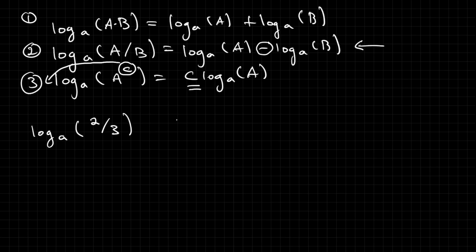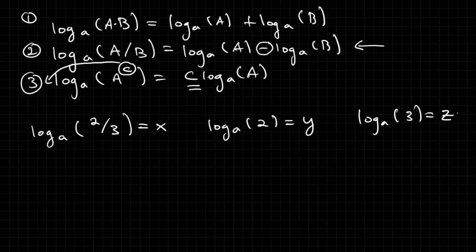And I'm going to set this quantity equal to x. I'm going to set the quantity log base a of 2 equal to y, and log base a of 3 equal to z. And what I'm doing here is I'm setting up rule number 2 with capital A equal 2 and capital B equals 3.